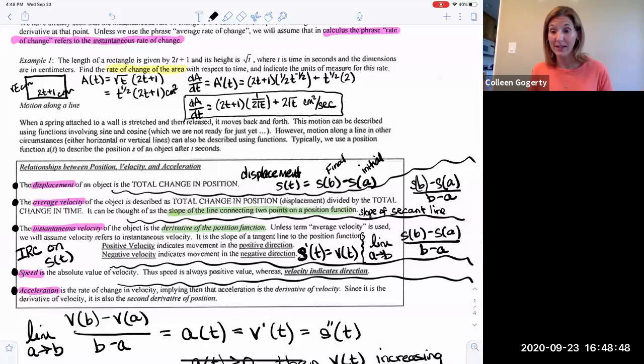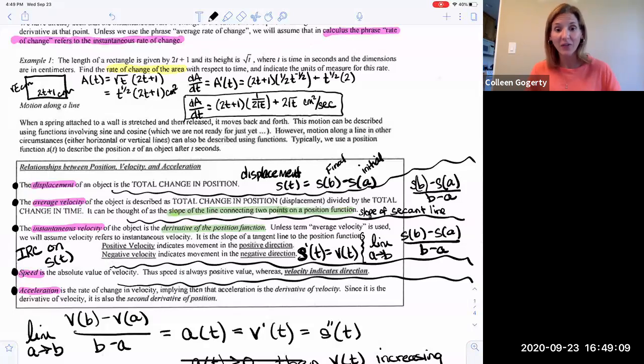So velocity is very, very close to the concept of speed, but we're going to indicate there's a difference. A positive velocity means that we have a motion going in a positive direction. So we're looking at the speed, but we're giving speed a direction, okay?